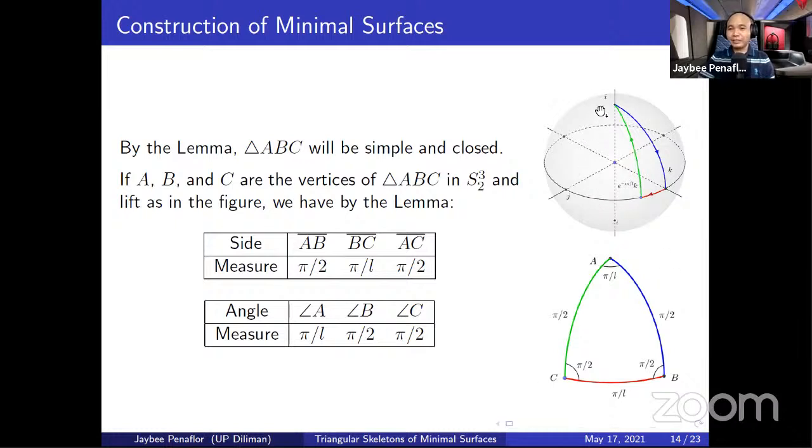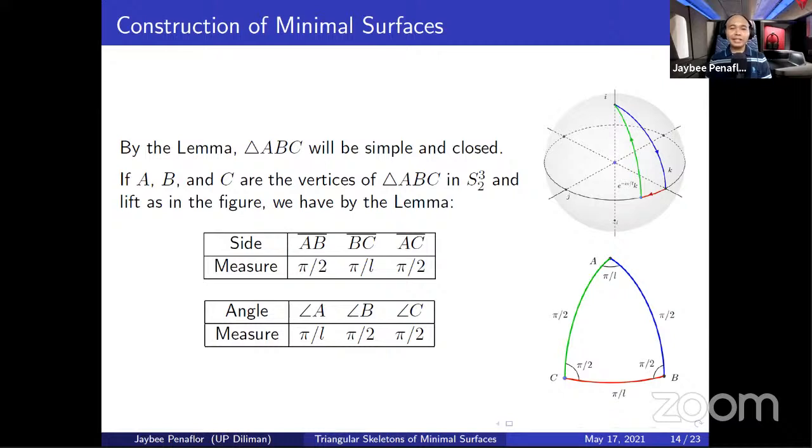So this is the triangle D in S^2, and this triangle ABC is in S^3_2. By virtue of lemma 2.4, since we are using the Hopf fibration from S^3_2 to S^2, we know for a fact that the side and angle relations in triangle D are the same as the side and angle relationships in S^3_2.